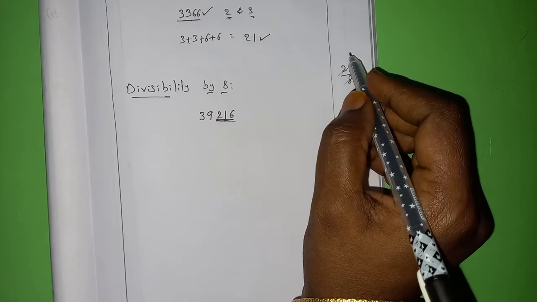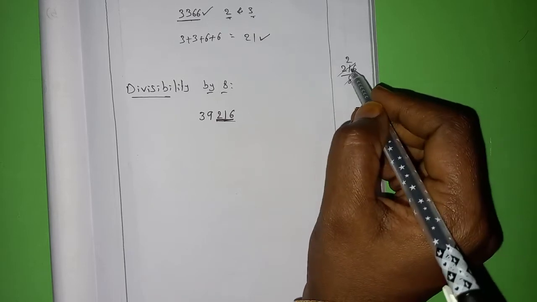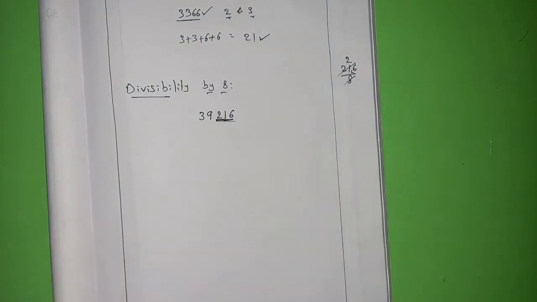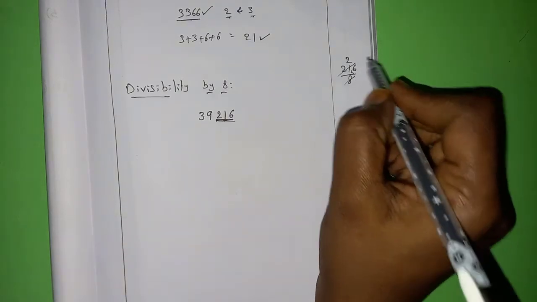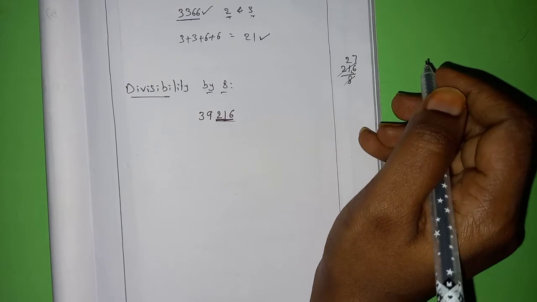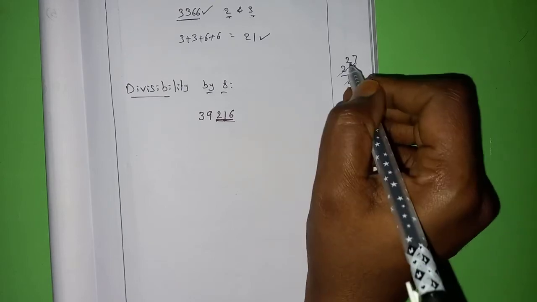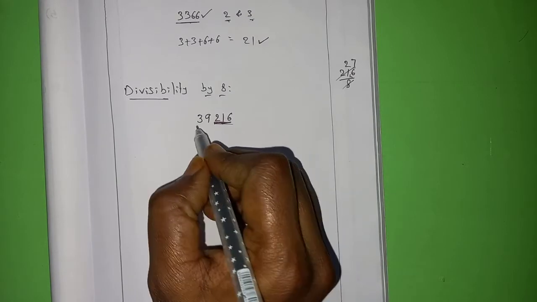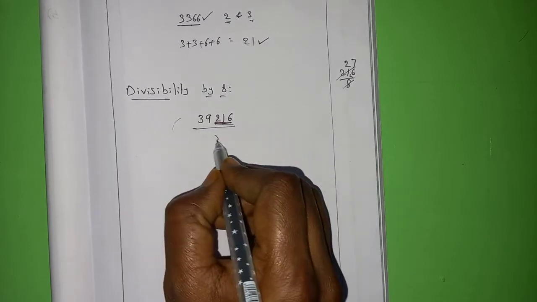8 2s are 16. 8 7s are 56. So 216 is divisible by 8, means the whole number can be divisible by 8.